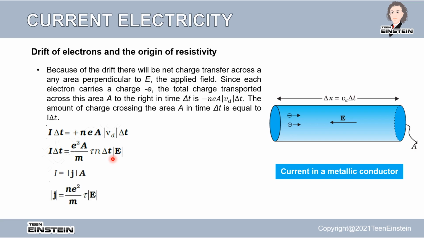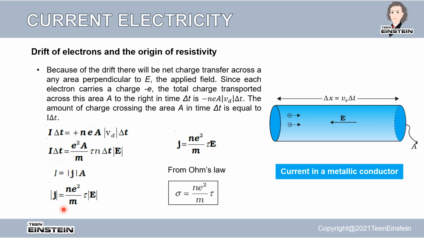So substituting I equals J into A and rearranging this equation, finally we get J equals n e squared tau by m into E. This is similar to Ohm's law which we derived, J equals sigma into E. So from this we can derive that sigma equals n e squared tau by m.